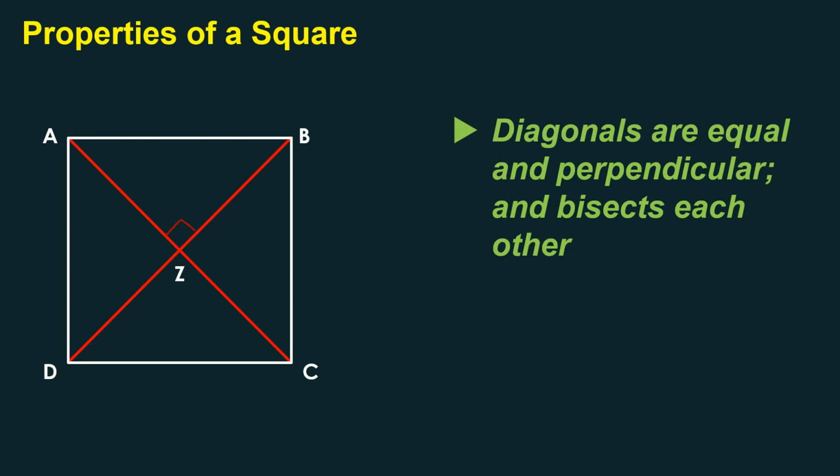And also, diagonal AC is equal to diagonal BD. They have the same measurement.